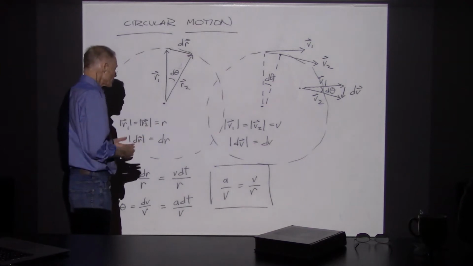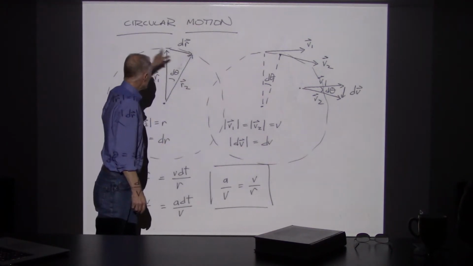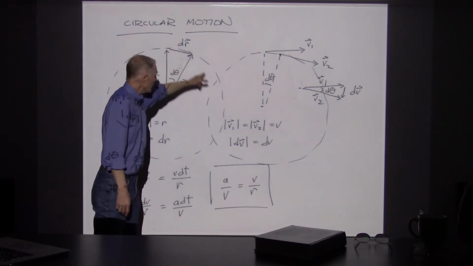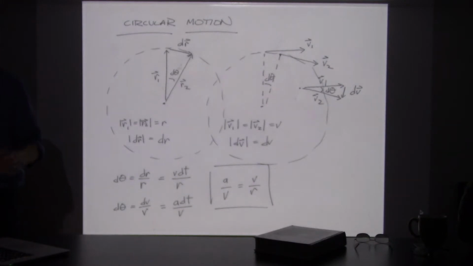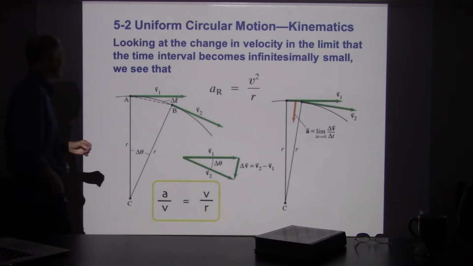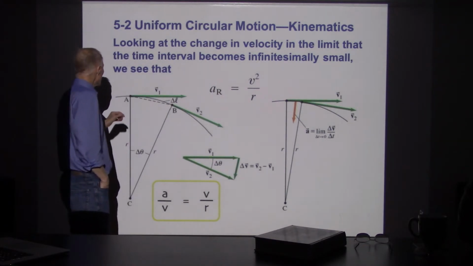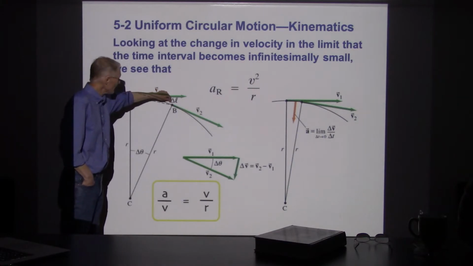Now what's also interesting is, even though we solved this with the assumption of uniform circular motion, it still works point by point. It works as an instantaneous formula, which is a nice feature. So even when we go on to the case where, what if we're not traveling the same speed at every point?